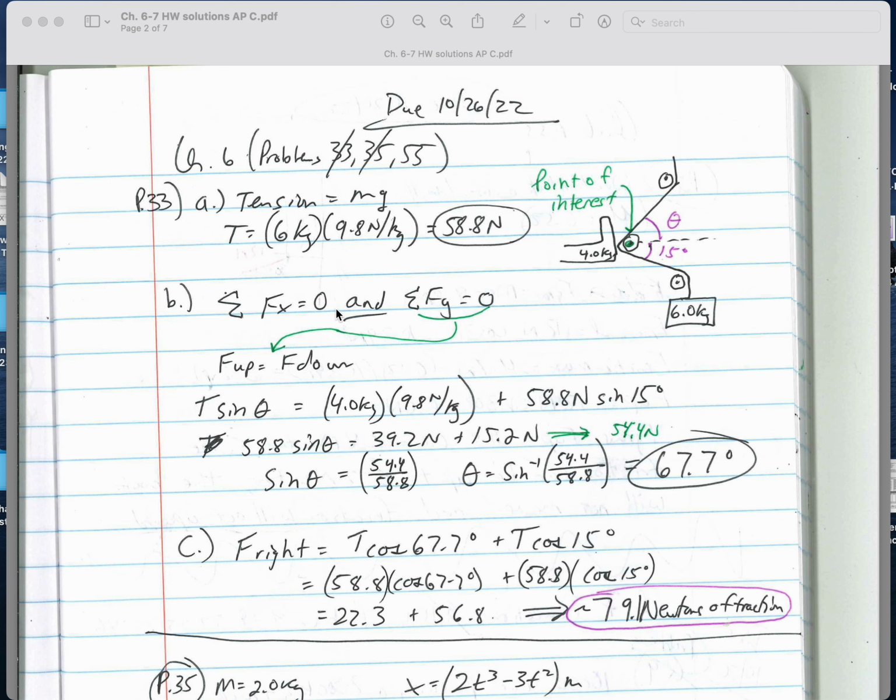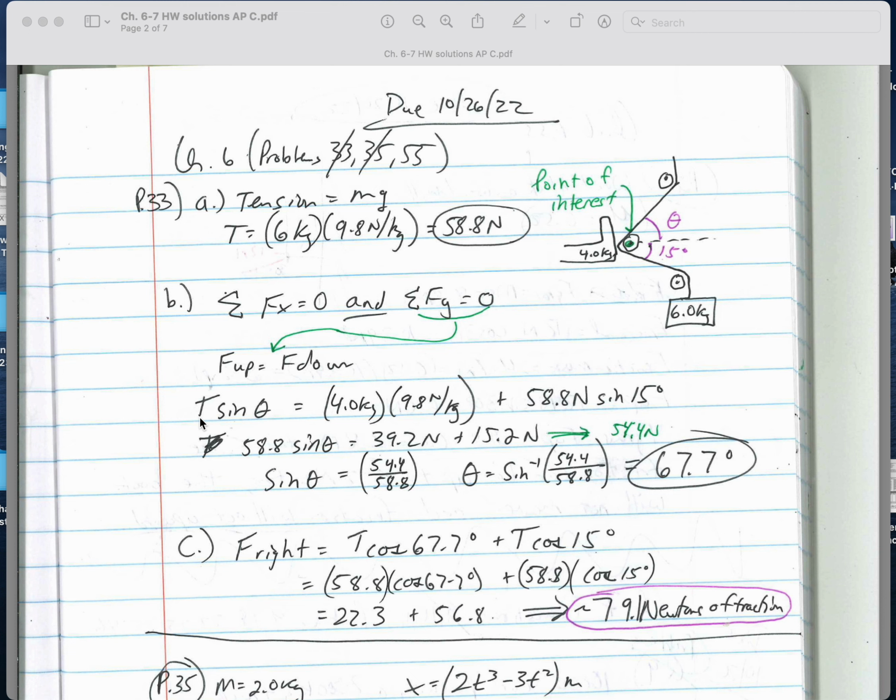So in this part, I want to look at the vertical forces. I know this angle, I know the tension in the string there, and I know the mass of the foot. So the upward force caused by the tension, the vertical component of the tension in this string, needs to equal the downward force caused by the weight of the foot and the vertical component of the tension in this string.